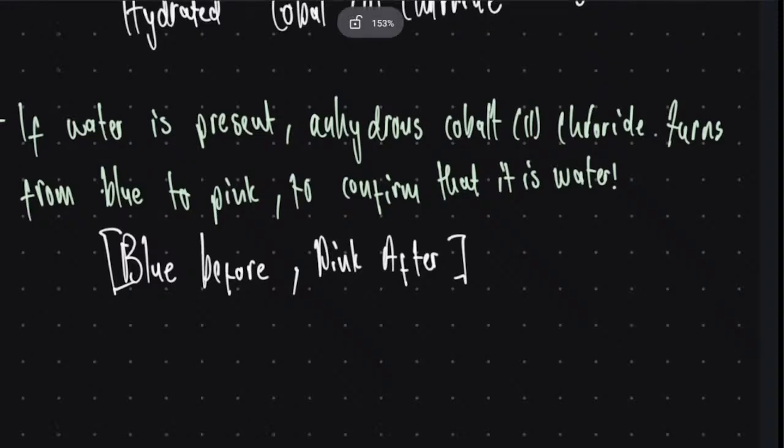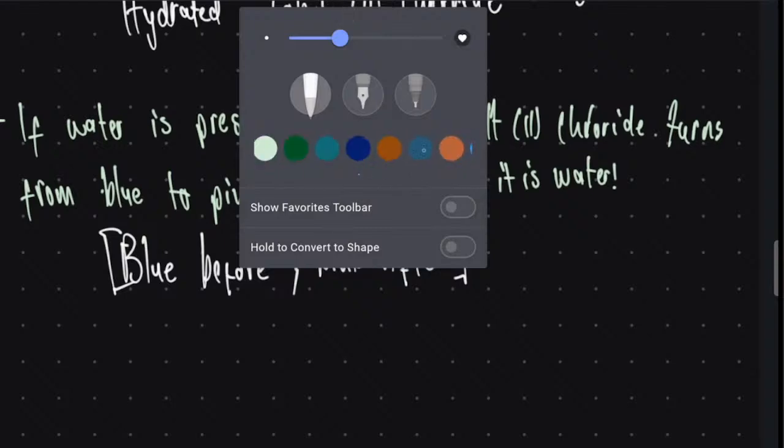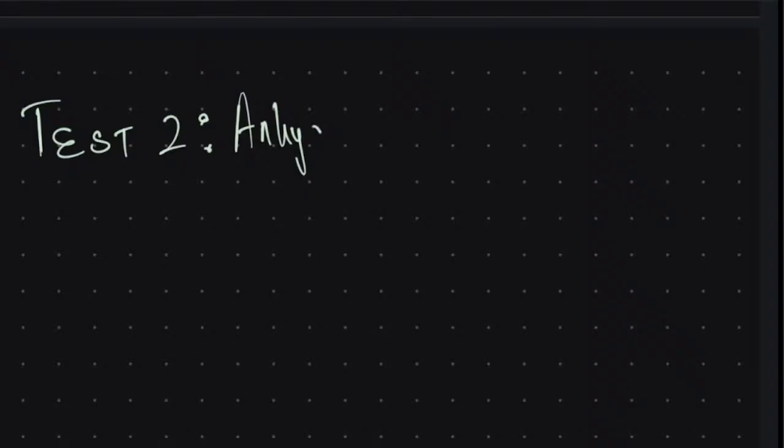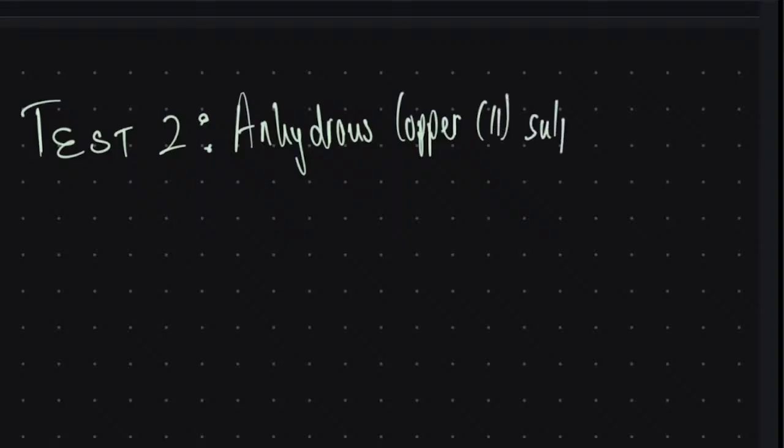Right. Test number 2 for water. Test 2 for water is anhydrous copper 2 sulfate. This one, instead of starting blue, it turns blue.